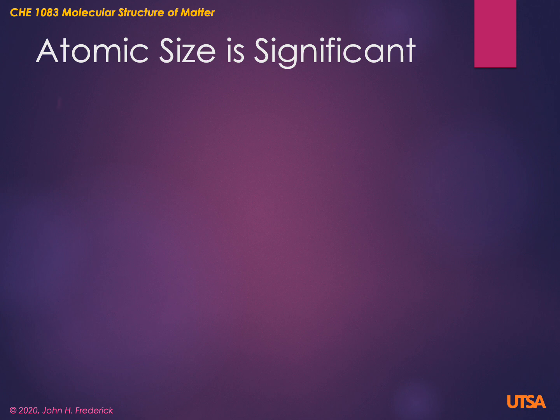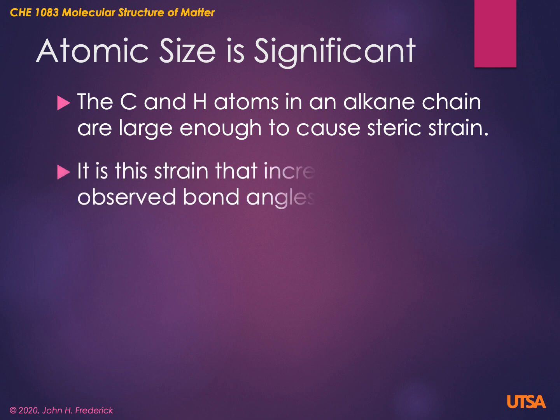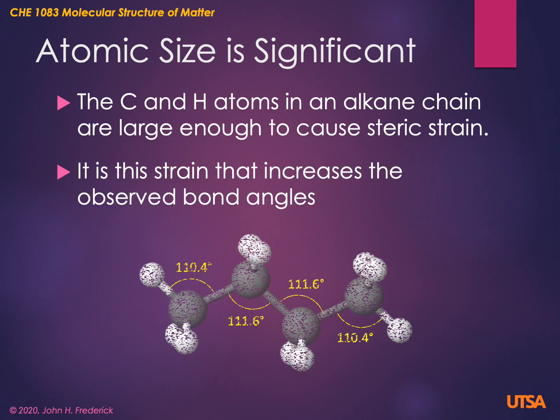Atomic size can be very significant in this, and you should know that even the hydrogen atoms, which are very small on an alkane chain, they're large enough to cause a steric strain. So for example, the molecule we were looking at earlier, if we were to actually measure those central bond angles, they're all larger than 109.5. Ordinarily, VSEPR model would suggest that all of these are tetrahedral centers.